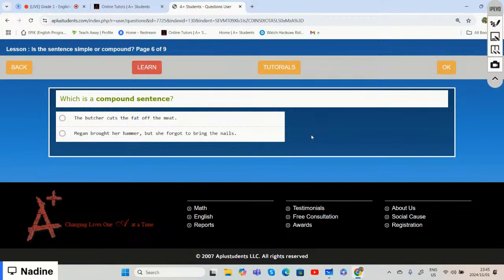Or option two, Megan brought her hammer, but she forgot to bring the nails. We need to say which sentence is our compound sentence. Option one or option two.